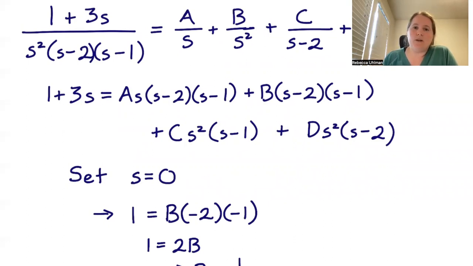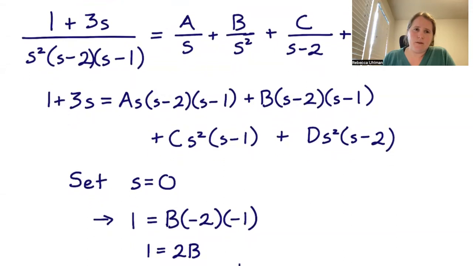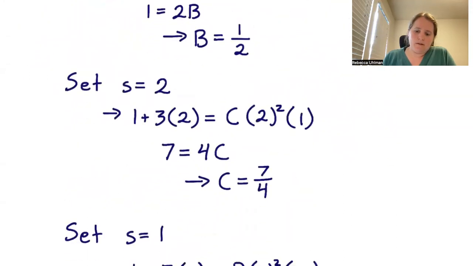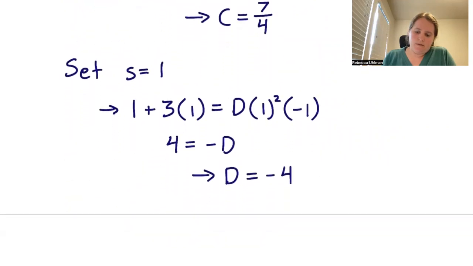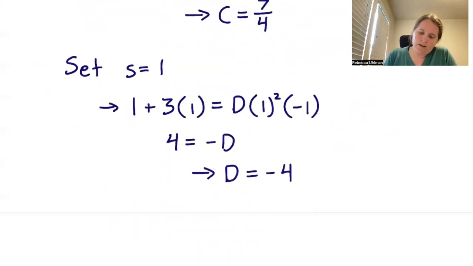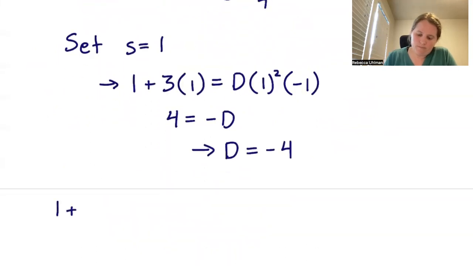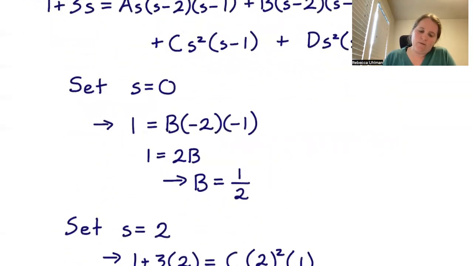by either just plugging in all of our numbers and then plugging in one other thing. So we know that we have 1 plus 3s is equal to a times (s minus 2) times (s minus 1).